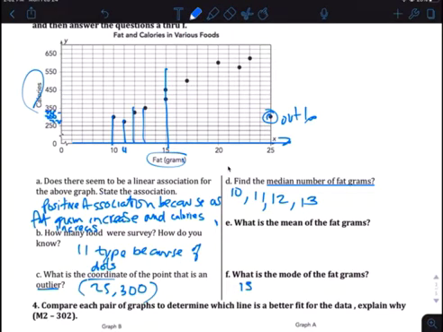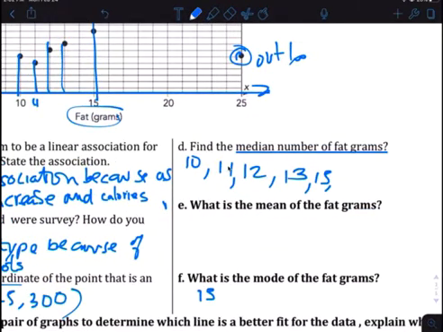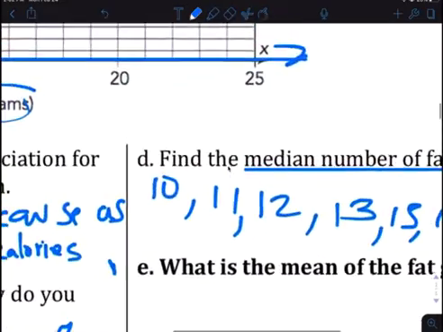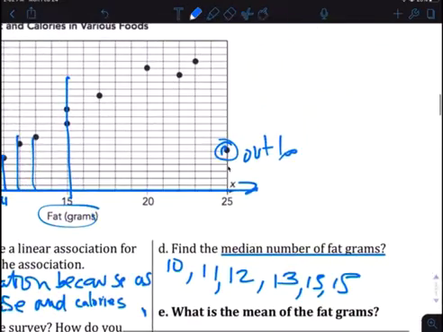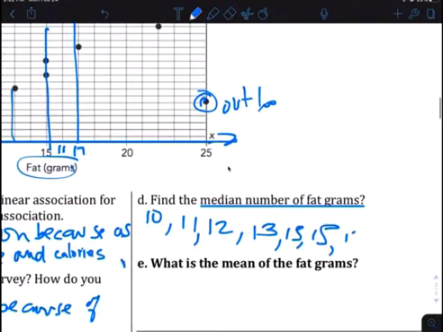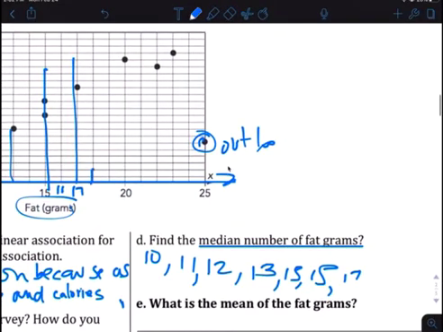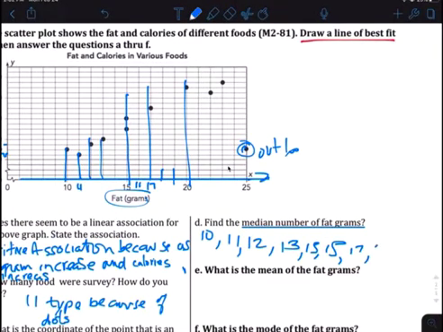Then 17. 18, there's none. 19, there's none. 20, there's one of them. And 21, 22, and here's 23. The median.